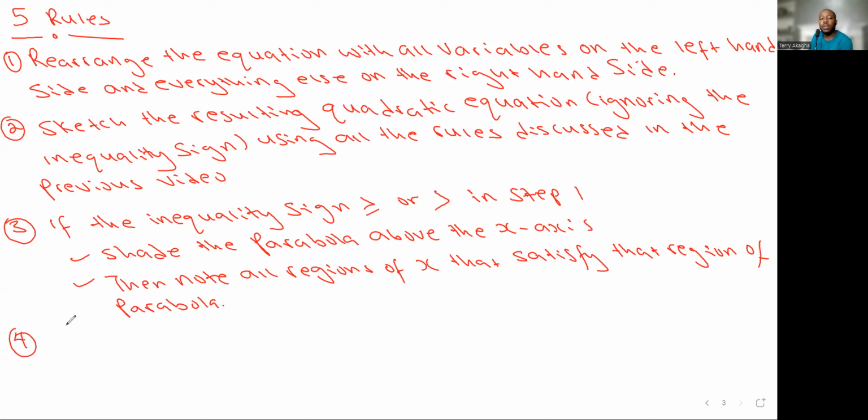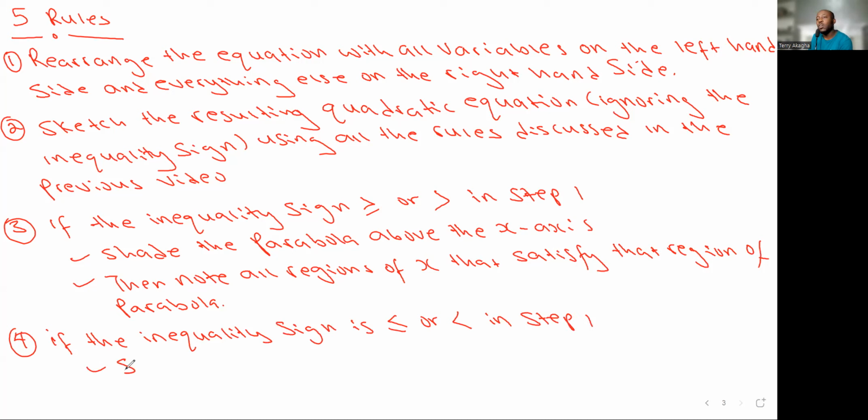Number 4, if the inequality sign is less than or equal to or less than in step 1, then in this case you shade the parabola below the x-axis.